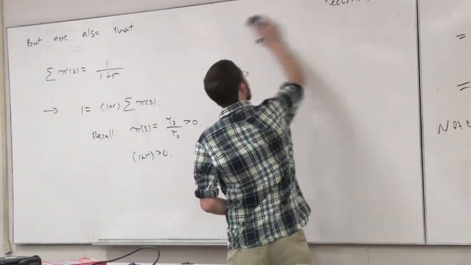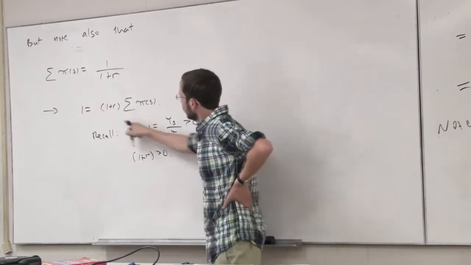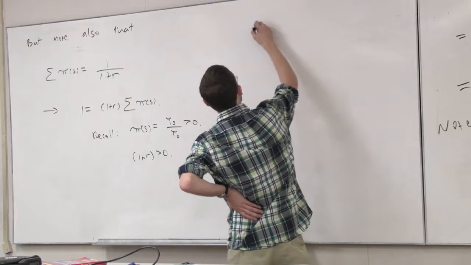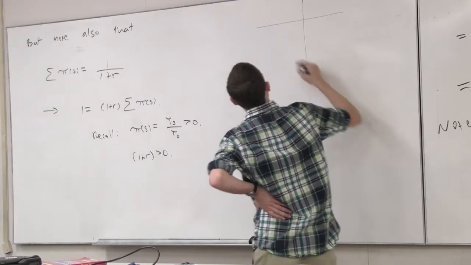And what that tells us is that this actually represents a probability distribution, because we basically have the following outcomes.